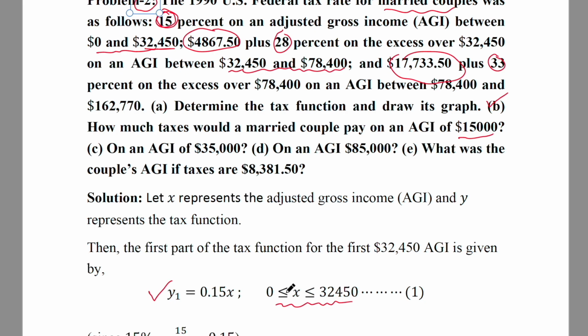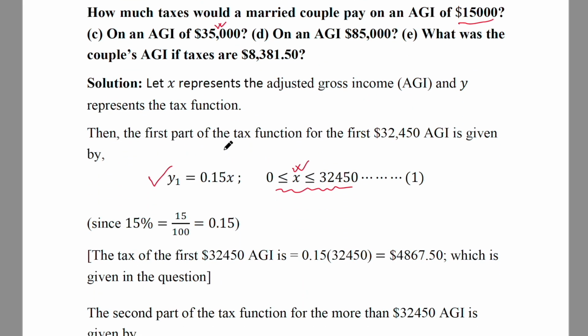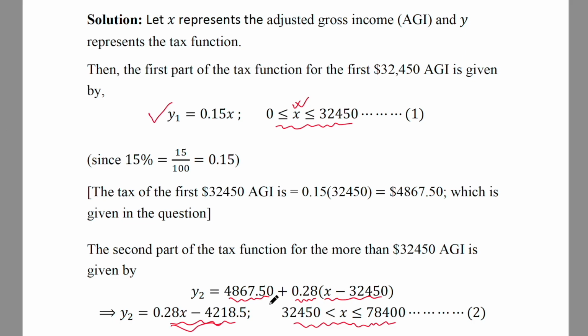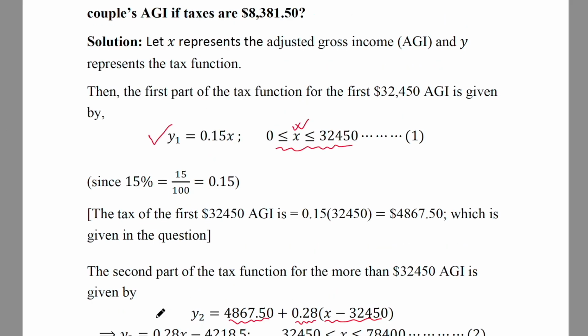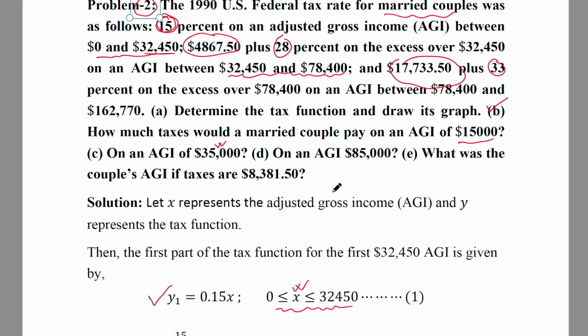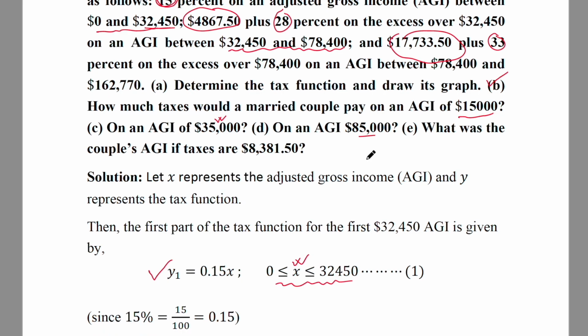You must put it in the first equation because this is within this range, and for this income you should put it in the second equation, this one, and for the tax calculation of this amount you need to put it in the third range or third equation.